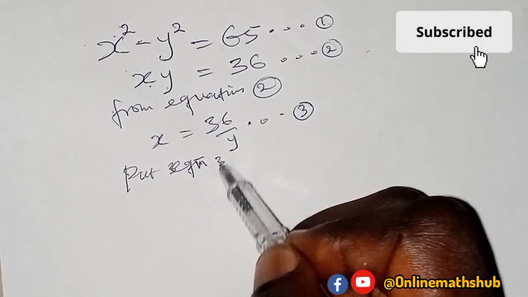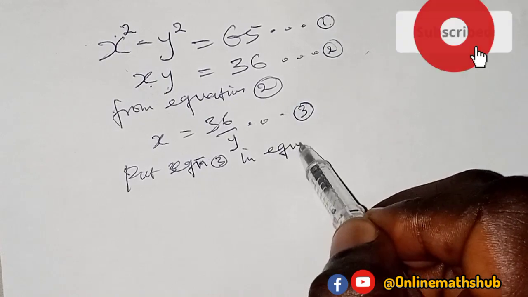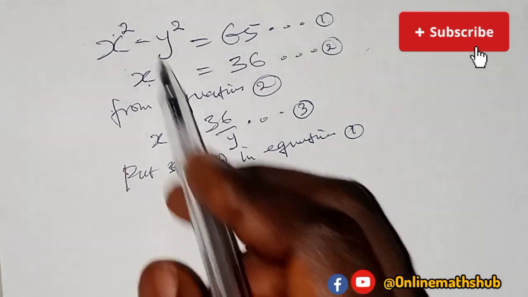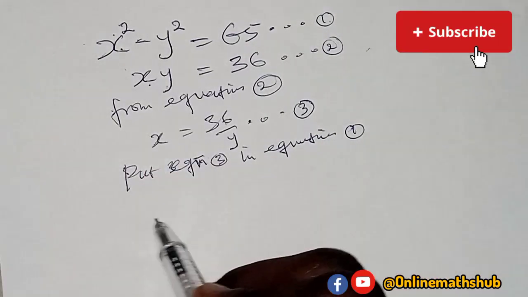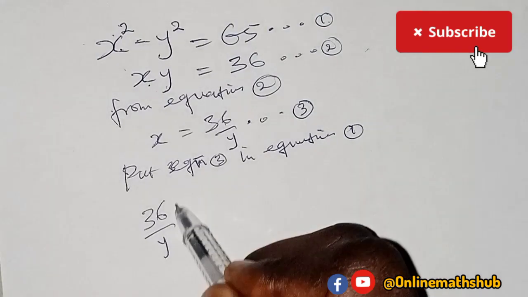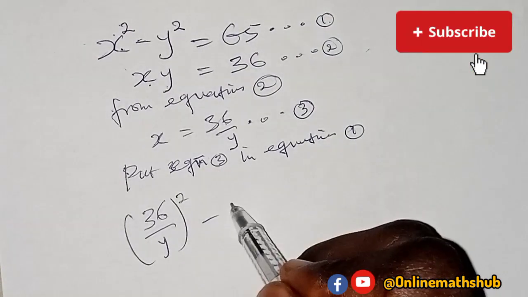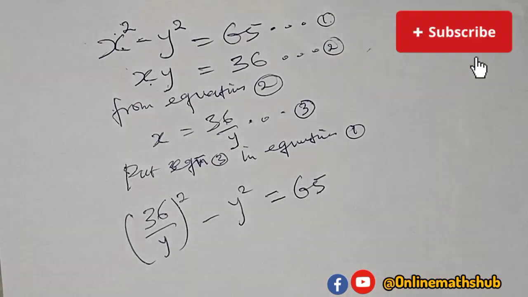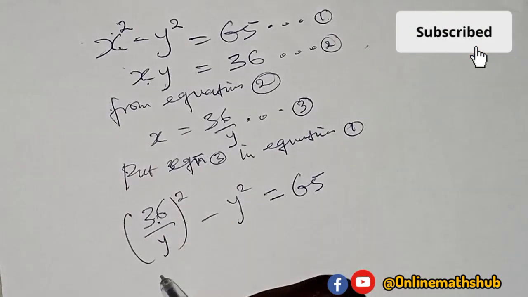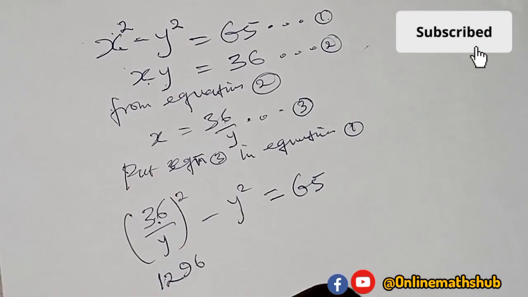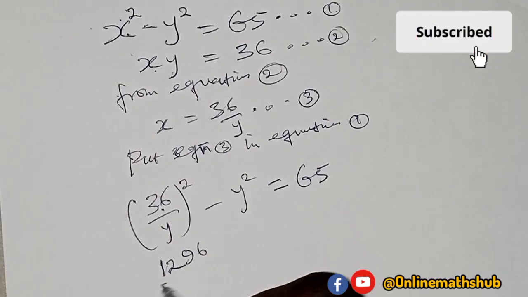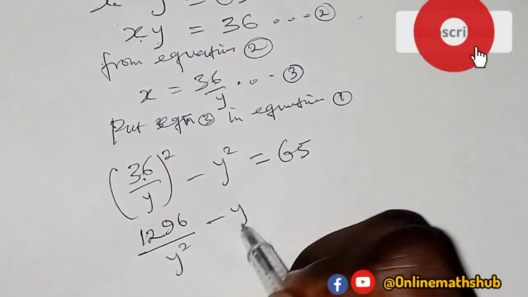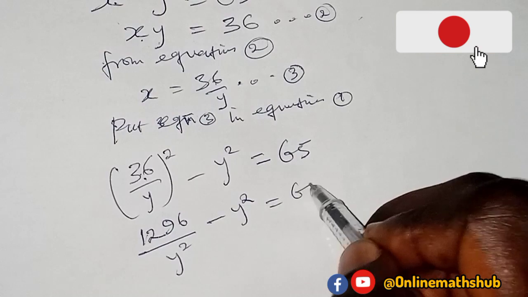Instead of writing x, I'm going to write 36 divided by y, all squared, minus y squared, is equal to 65. 36 squared is 1296, divided by y squared, and then minus y squared is equal to 65.